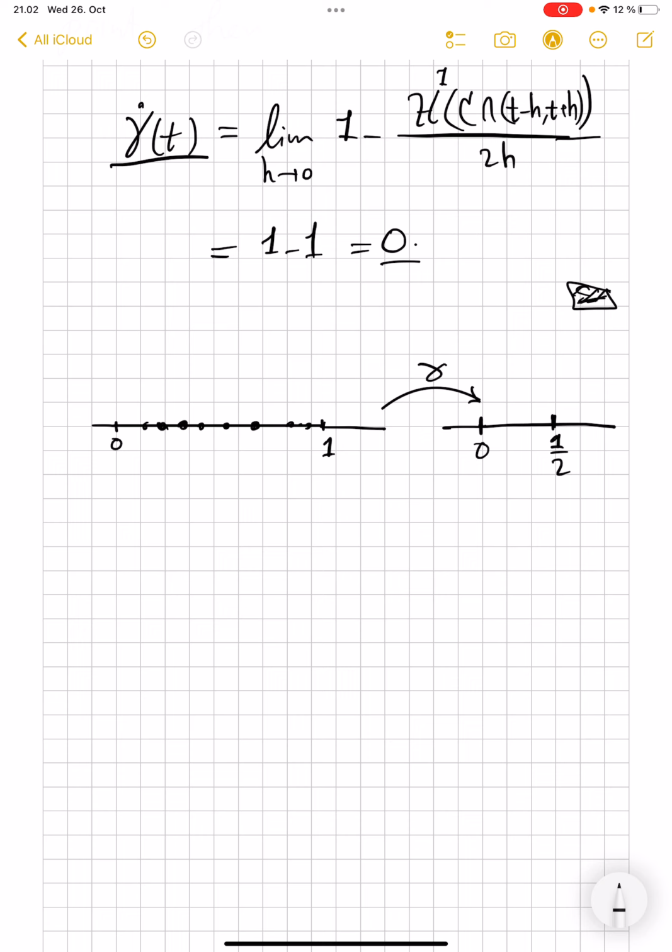Actually, gamma never goes above this much, because if you go to the end of the interval, if you take T equal 1, gamma of 1 becomes h1 of just the complement of C, which is 1 minus h1 of C itself, but that was 1/2, so this also becomes 1/2. So 1/2 is the maximum it achieves.